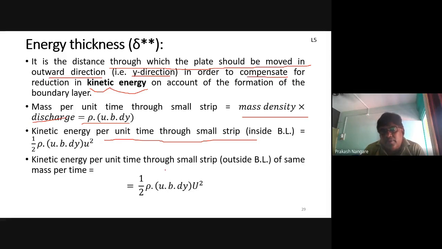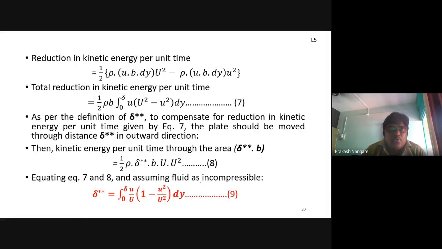Kinetic energy per unit time through the small strip outside the boundary layer is equal to 1/2 rho U B dy into capital U square. Then find out the reduction in kinetic energy as usual. Take this difference, and you get the total reduction in kinetic energy per unit time; integrating this term gives the total effect.